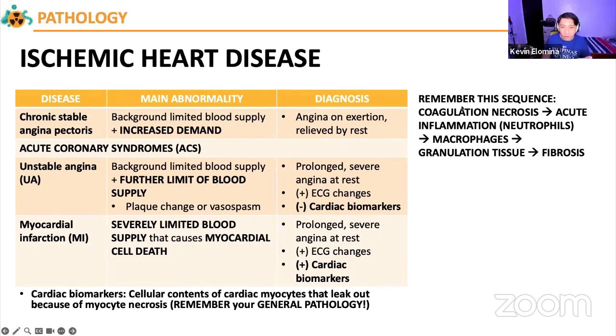Now, in terms of morphology, remember that it's coagulation necrosis, di ba? Pagka ischemic lesion ng solid organ. So, it's coagulative necrosis. You know that your necrosis is always accompanied by inflammation. So, it starts, of course, with your neutrophils and then mapapalitan siya ng chronic inflammation, your macrophages, no? And basically, mag-heal siya by fibrosis.